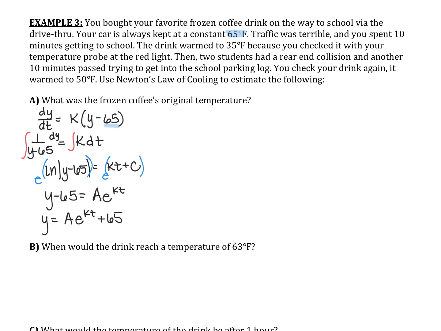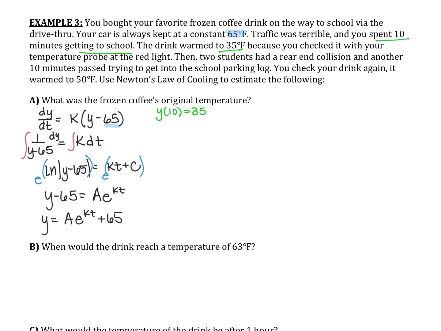Okay, so let's go back into the problem and define some ordered pairs that were given to us. You spent 10 minutes getting to school, the drink warmed to 35. So that particular ordered pair would be y of 10 equals 35. Then we have another ordered pair.